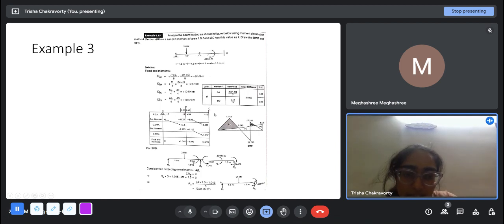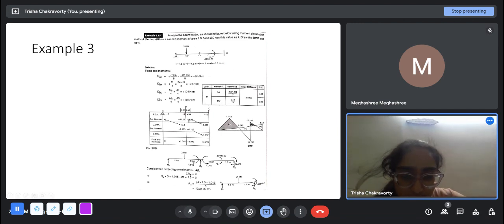And see here, C can have moment because it is a fixed end, so we are not concerned about this part. But A is a hinge support, so this minus 9 also you have to balance out, because in the final configuration A has to have net moment equal to 0. So we give plus 9, and that we simply carry over as half. When you're considering AB, you are seeing B as a fixed end, so you are just transferring half there.